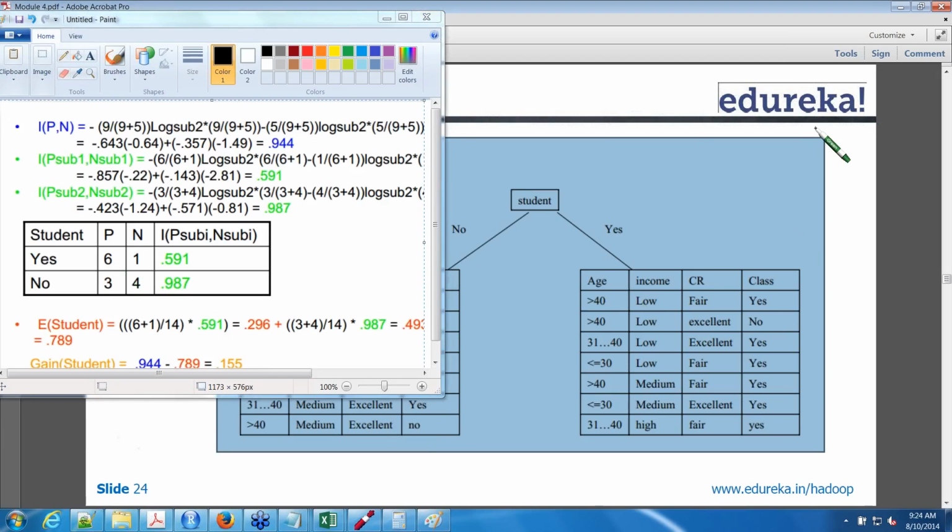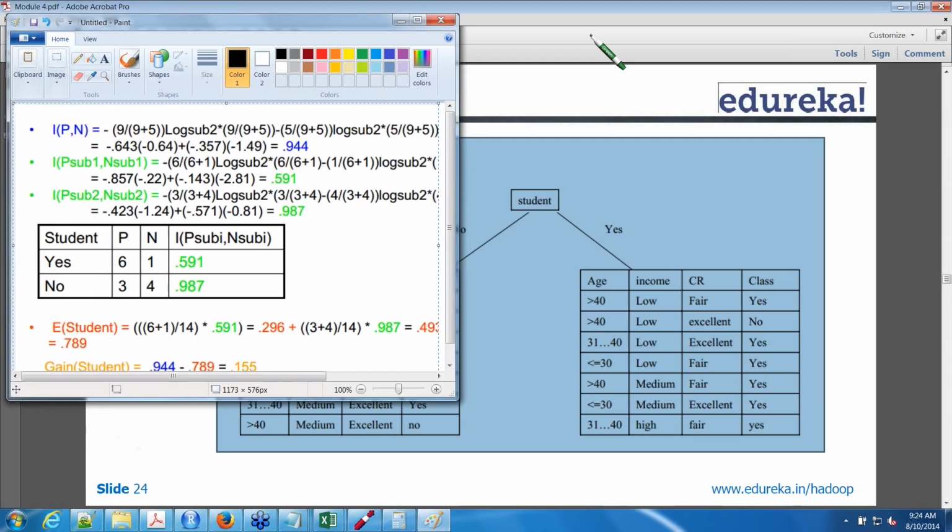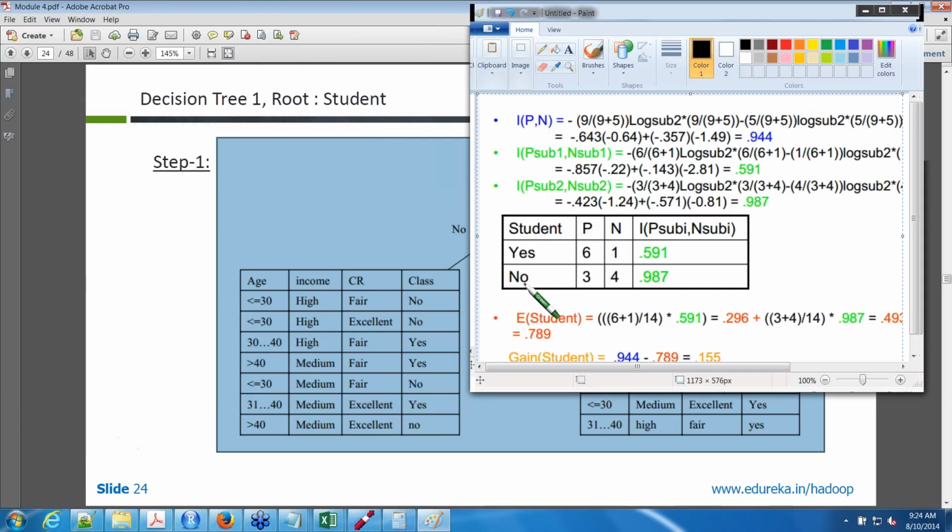So it will be 1, 2, 3, 4, 5, 6 and 1. If a student is yes, it will be 6. That is the possibility of buying yes or no. That is 6 will be yes. It should not be P, it should be yes. And when the student is no, it will be like this, where 1, 2, 3, 4 are no, and 3 students. It is going to be 3 and 4. Is it clear?